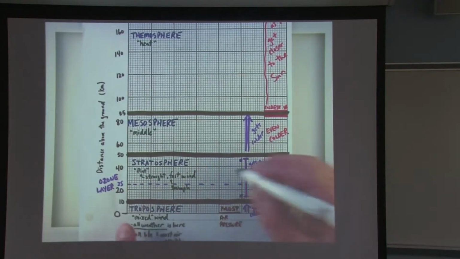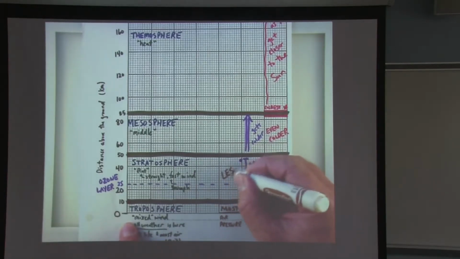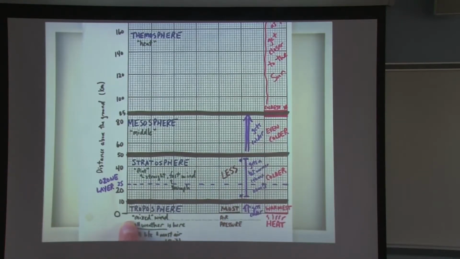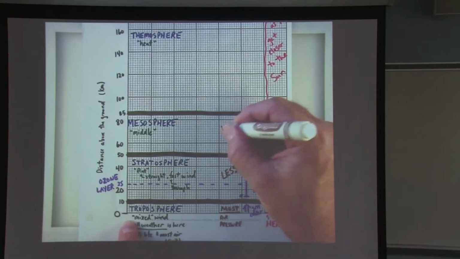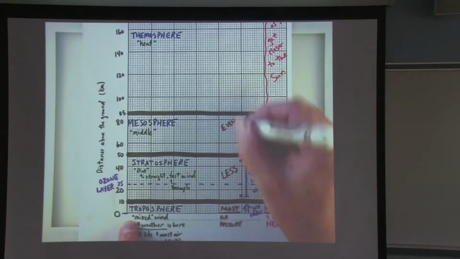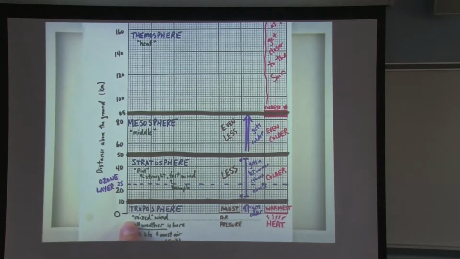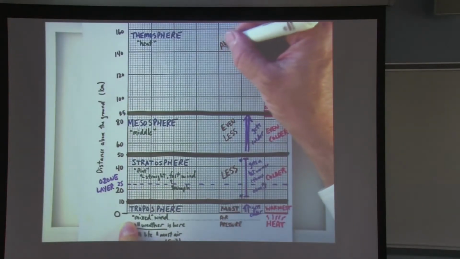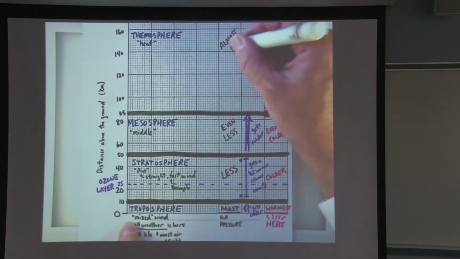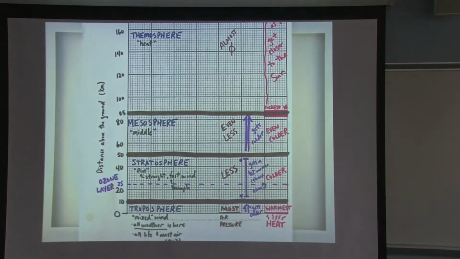When we look at air pressure in the stratosphere, it is less. In the mesosphere, it's even less. And in the thermosphere, it's almost 0.